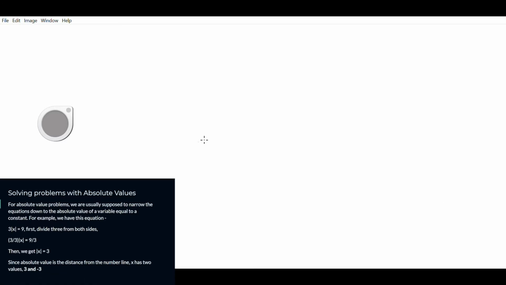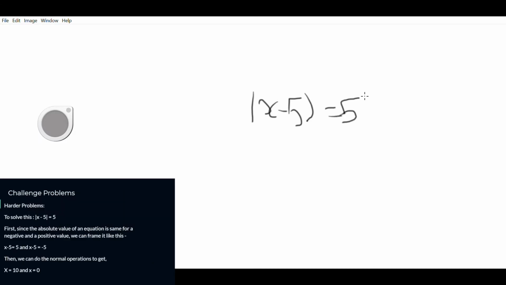So we will also encounter a few problems like this. To solve these problems, we might think that we could just add 5 to both sides and get the absolute value of x as 10 and say x is equal to negative 10 and 10.